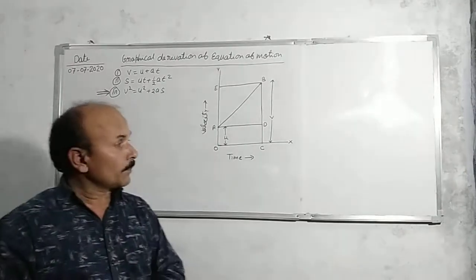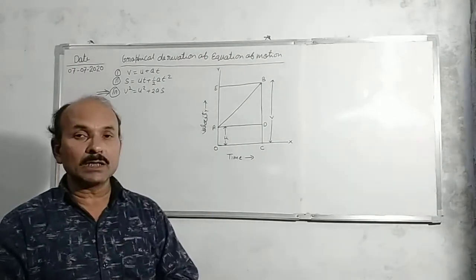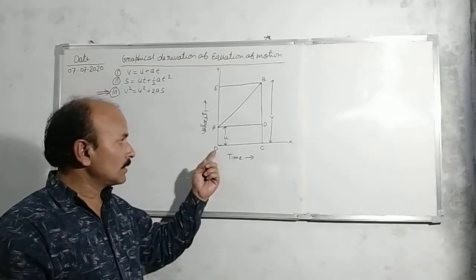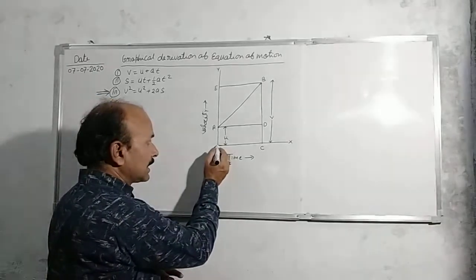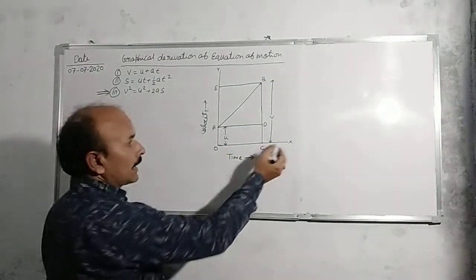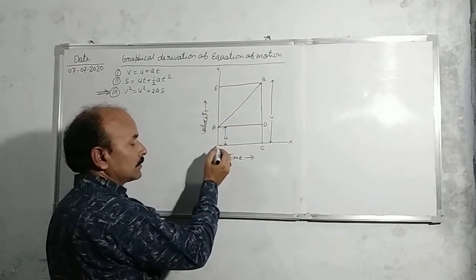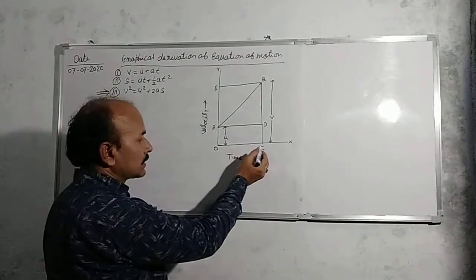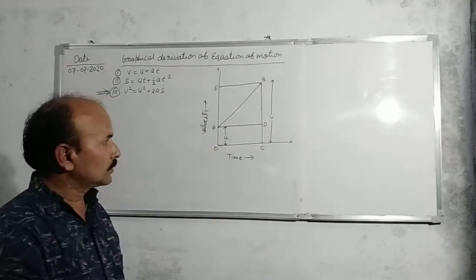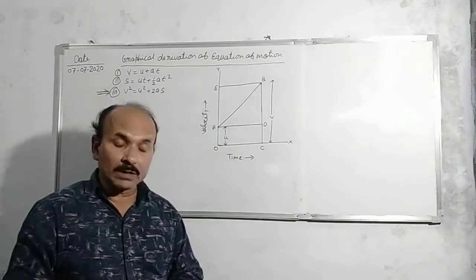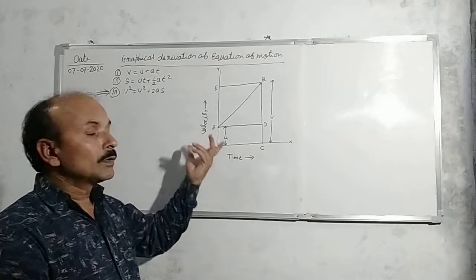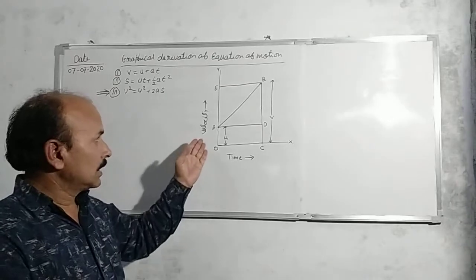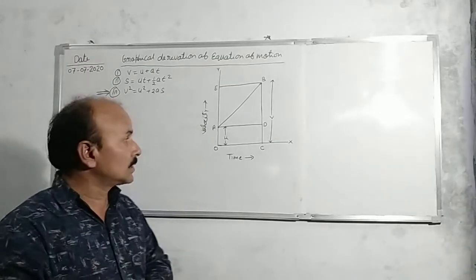Yesterday I told you where the x-axis and y-axis intersect each other, this point is known as the origin, and the value of the x-axis and the y-axis at this point is 0, 0. So if any object is moving with initial velocity u, it has a specific value of velocity, not starting with 0.